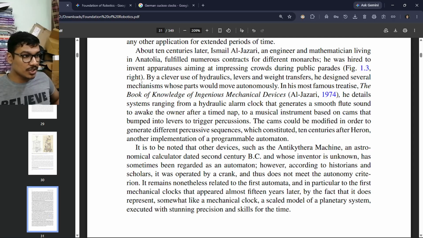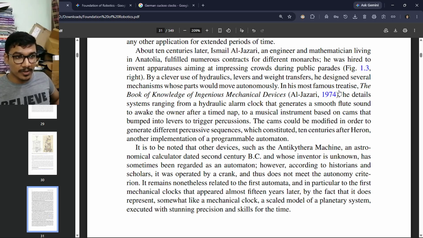He was hired to invent impressive apparatus, aiming at impressing crowds during public parades. By clever use of hydraulics, levers, and weight transfer, he designed several mechanisms whose parts would move autonomously.